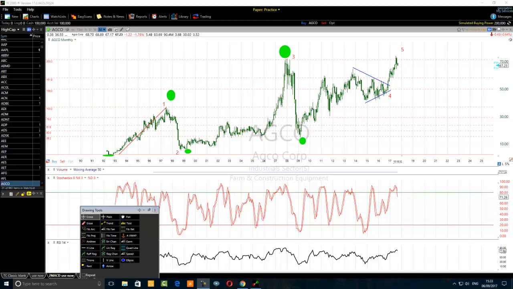That is the question. So we know how to handle the circumstance when the second wave is canceling the first wave. Now, how do we handle the scenario when the fourth wave is overlapping the first wave, which is an Elliott wave violation?